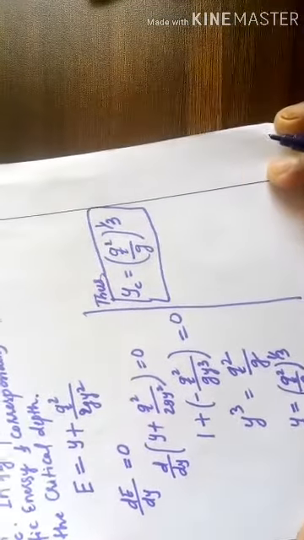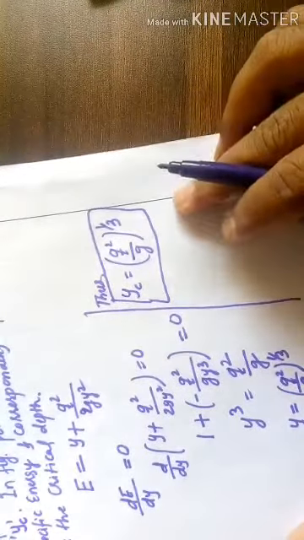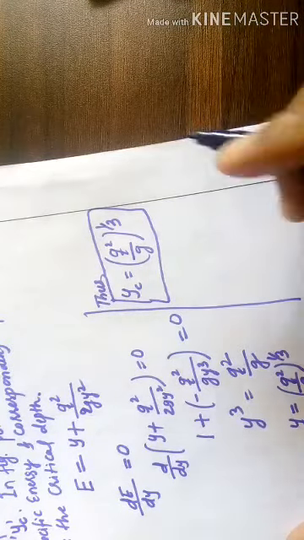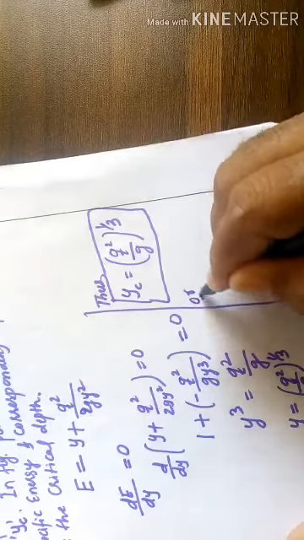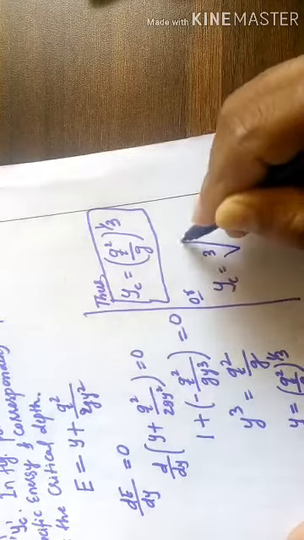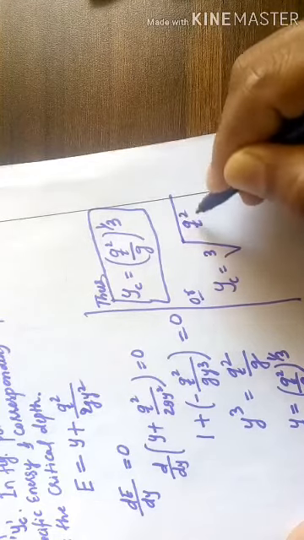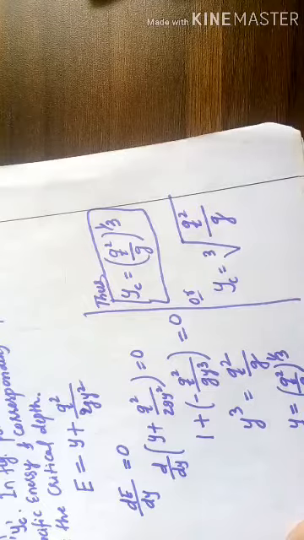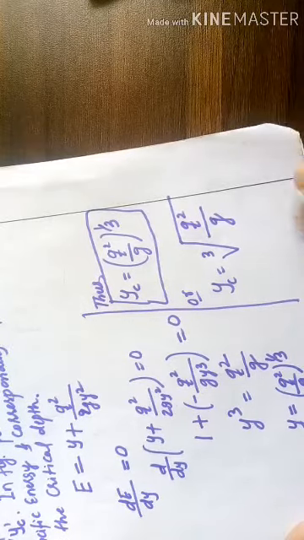This is the critical depth equation, yc equal to q square divided by g raised to 1 by 3, or else you can write yc equal to cube root of q square by g.